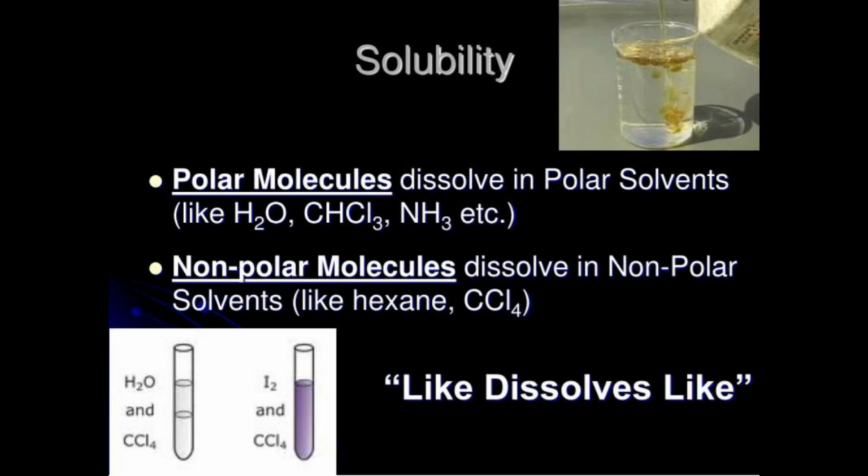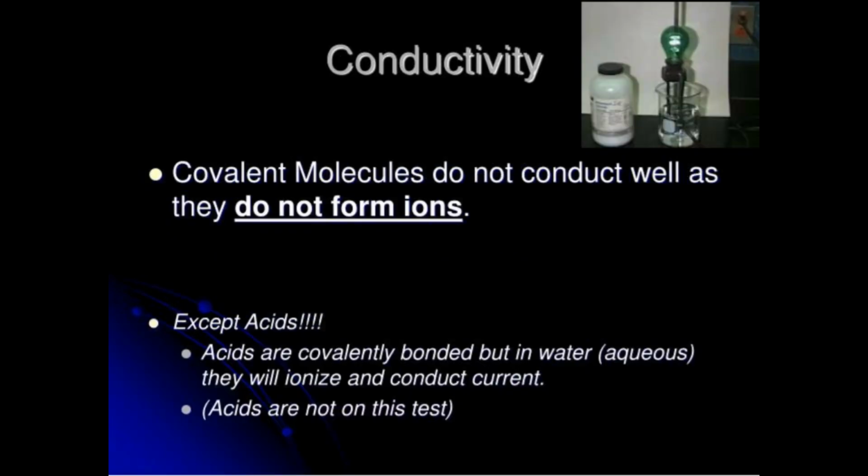So polar substances like HCl will dissolve easily in these polar solvents. Non-polar substances like fats, like organic substances, will dissolve in the non-polar solvents that we have mentioned here. So solubility is also important.